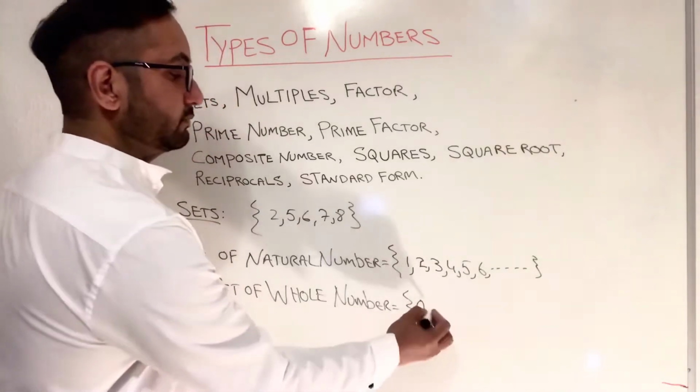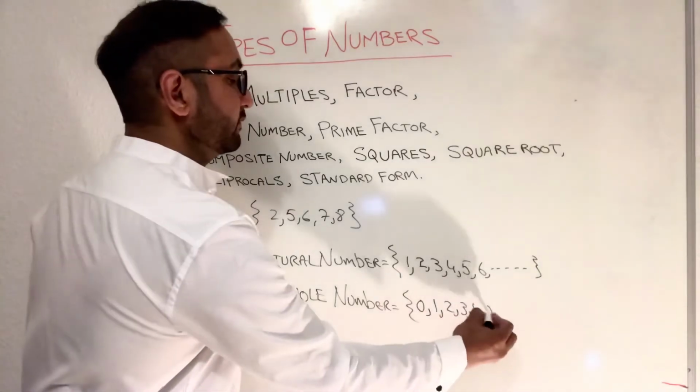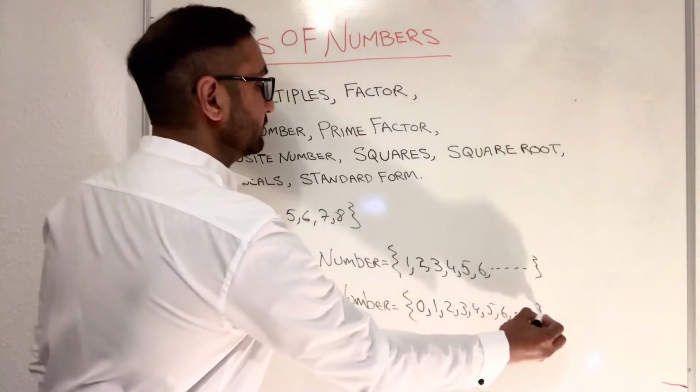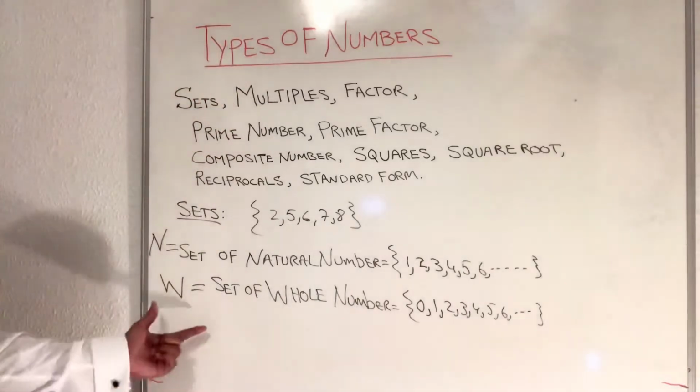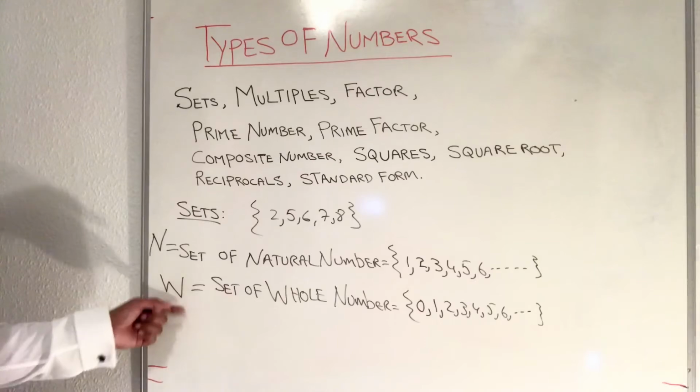If we add 0, they start from 0, 1, 2, 3, 4, 5, 6, up to so on. That set is called the set of whole numbers and is represented by W.